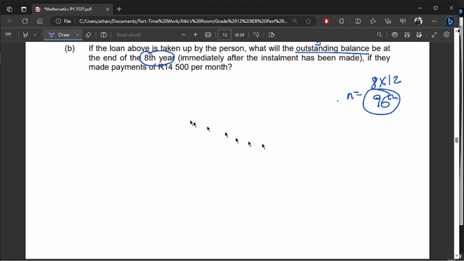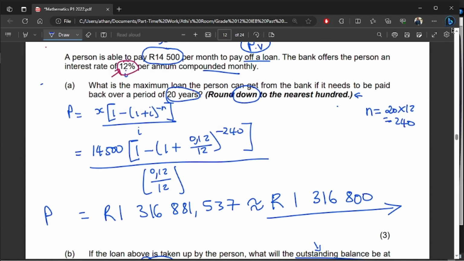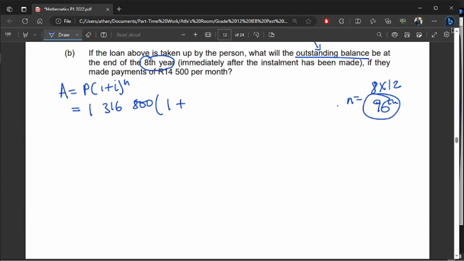It's P times bracket 1 plus I to the power of n. The loan amount is 1,316,800 rands. Bracket 1 plus what was our value of I? Check. It was 12%. That's 0.12 all divided by 12. Remember we said our n value is now 96.